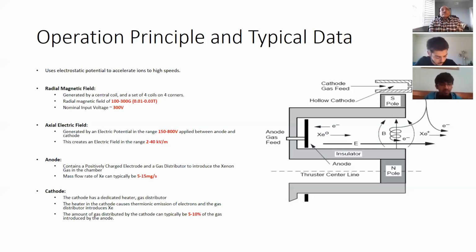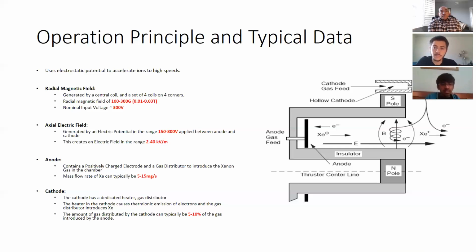And next, the cathode. The cathode is generally a more complex structure, which is designed separately and has a separate power analysis to be done. The heat transfer equation can be solved for the cathode separately. The cathode again has a dedicated gas distributor.